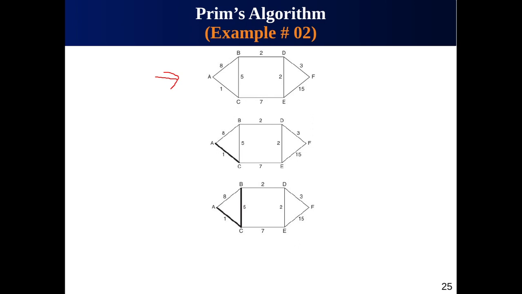Remember, both the Prim and Kruskal algorithms are greedy algorithms, and they are used for finding the minimum spanning tree. But you can apply these algorithms on graphs that are weighted, connected, and undirected.